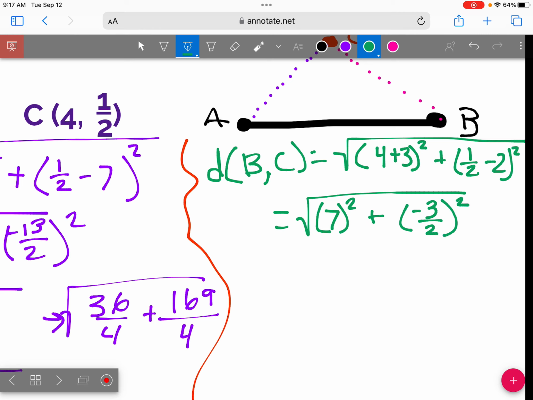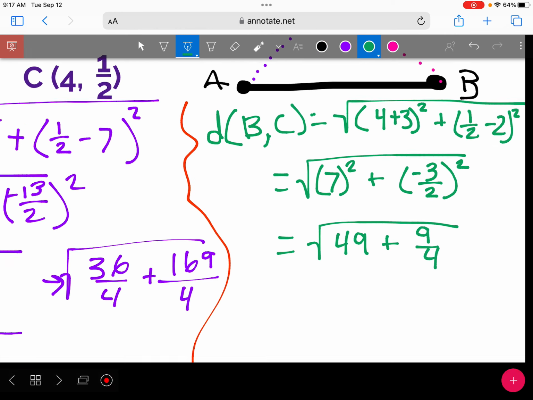So when we have fractions, make them improper fractions because they're less gross. I know that they're still gross, and that's okay. They're just less gross. So we're going to have the square root of 49 plus 9 over 4.